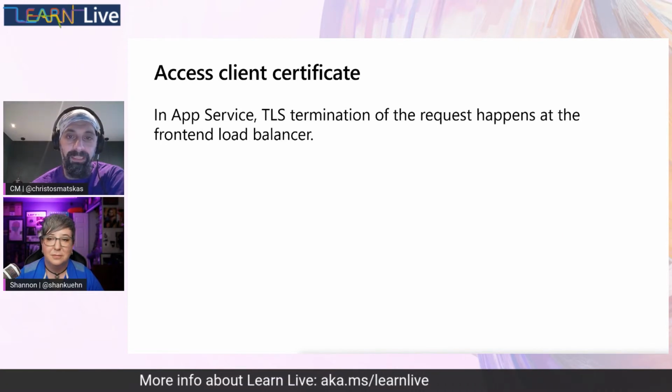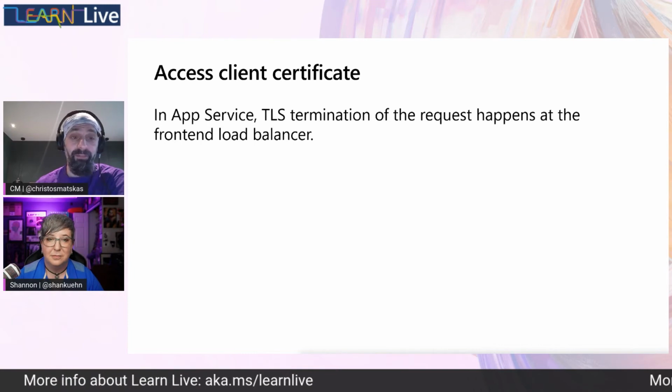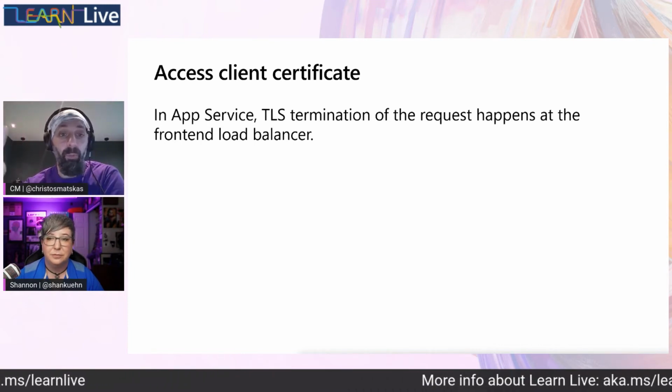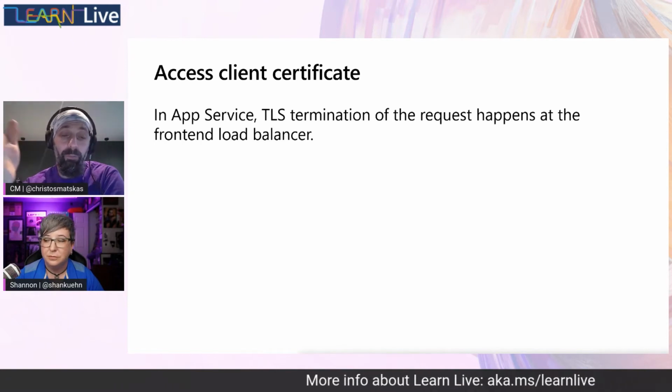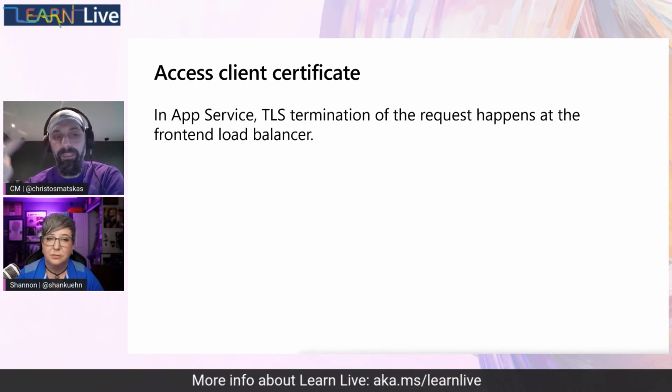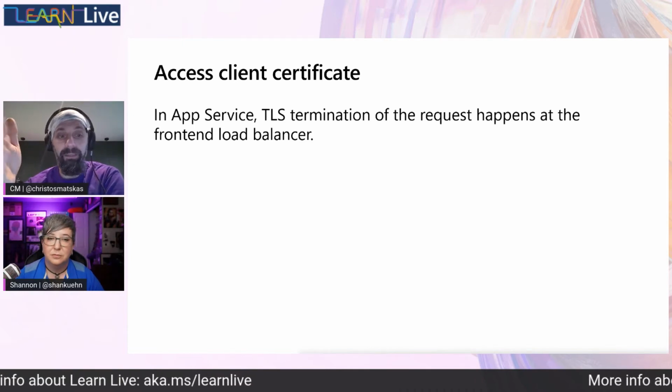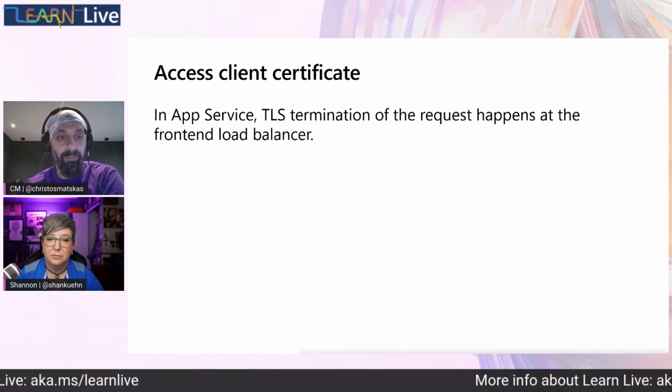And accessing the client certificate, that's also something very important. When you run in App Services, deploying web apps and APIs, the load balancer in front of your app, which is semi-transparent, you don't really see that, will terminate TLS before passing the traffic back to your application.